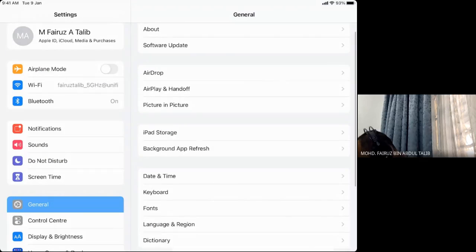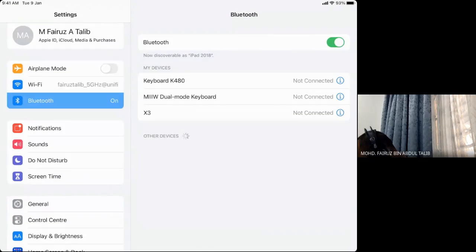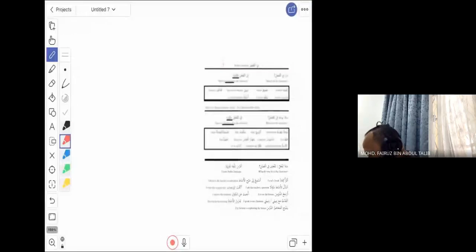Okay, do you see my screen now? Yes. Sorry, my pen is not working, so I have to use my hands. Please excuse my writing.